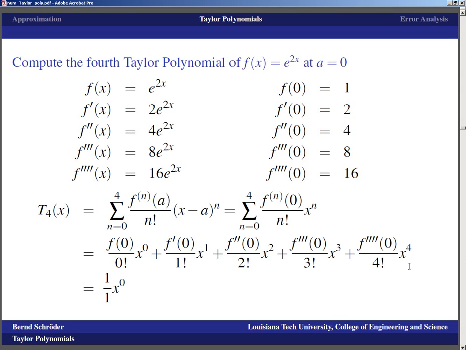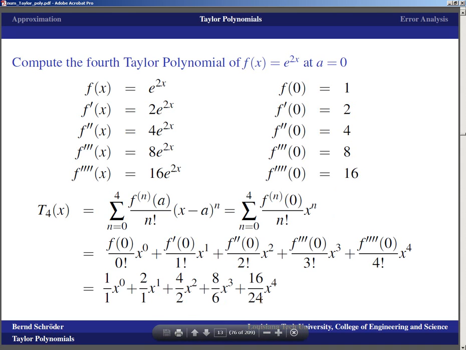And that then is 1 over 0 factorial x to the 0th plus 2 over 1 factorial x to the first plus 4 over 2 factorial x squared plus 8 over 3 factorial, which is 3 times 2 times 1, which is 6, times x cubed, plus 16 over 4 factorial, which is 4 times 3 times 2 times 1, which is 24, times x to the fourth.